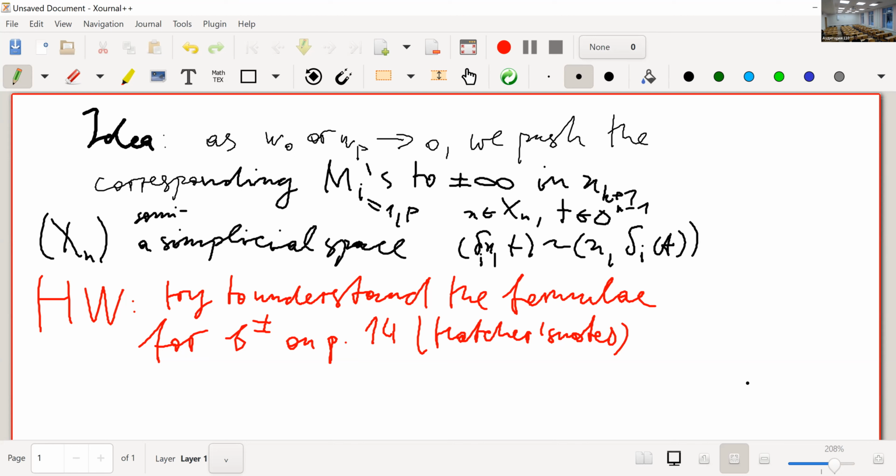And we do the same with the last 7 M's if the last 7 W's go to 0, and so on. Okay, so does this explanation make any sense?